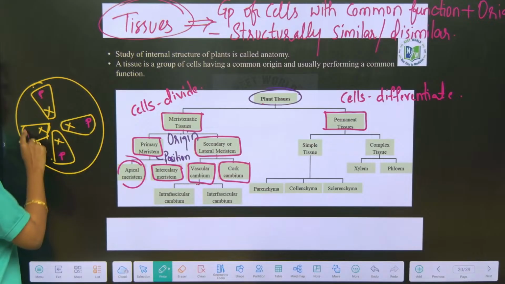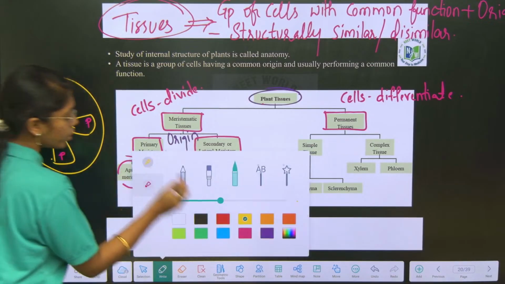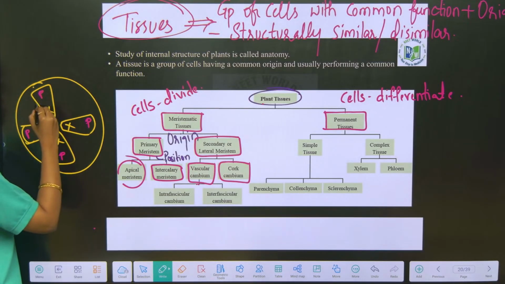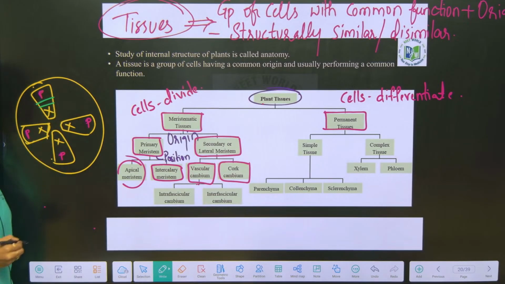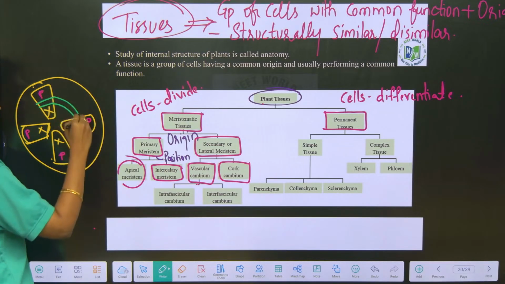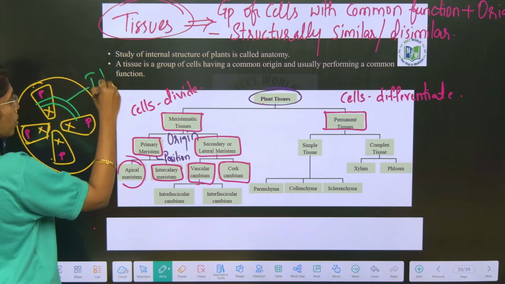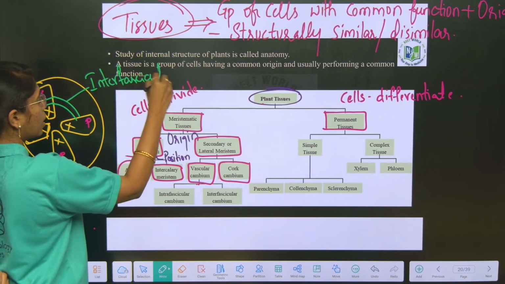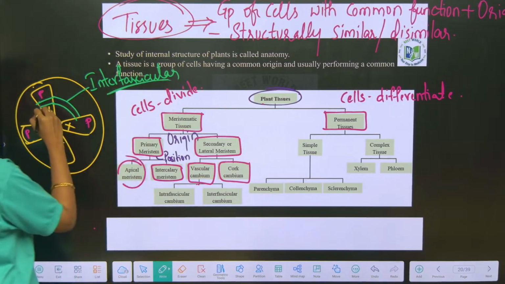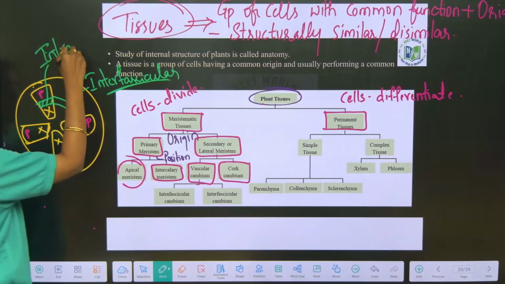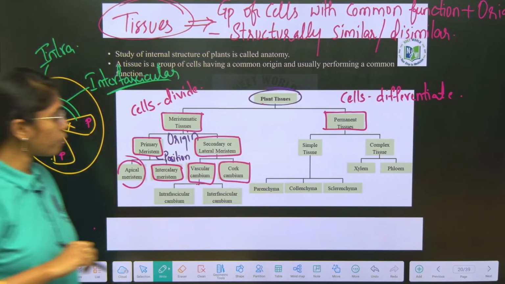In between xylem and phloem you have cambium. If it is in between xylem and phloem, this is intrafascicular cambium. If it is in between two vascular bundles, this is interfascicular cambium. Clear? Intra and interfascicular cambium.